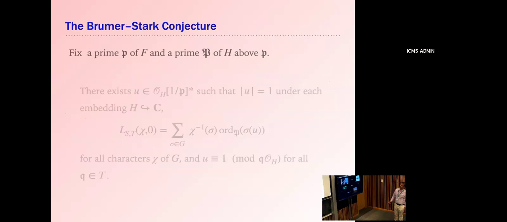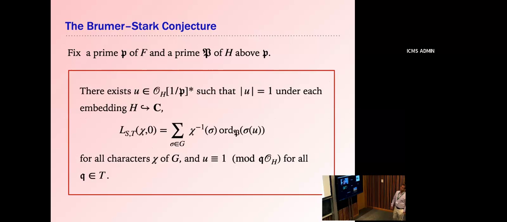Okay, so now let me state the conjecture. We fix a prime of F and a prime of H above it, which we call Gothic capital P. The conjecture is that there exists a unit u in the upstairs field which is a P-unit.